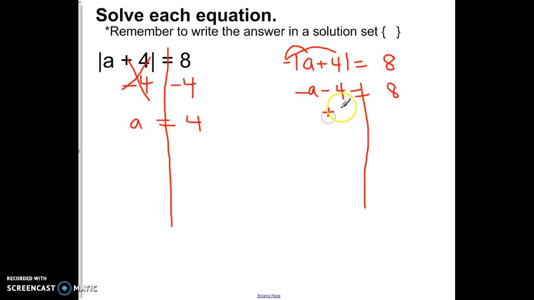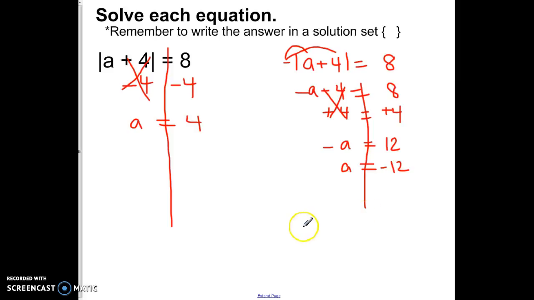So we're going to add 4, and we're going to add 4. These cancel. We are left with a negative a equals 12. Now remember, we don't ever want to have a negative variable, so we're just going to do the opposite. So then a can also equal a negative 12.